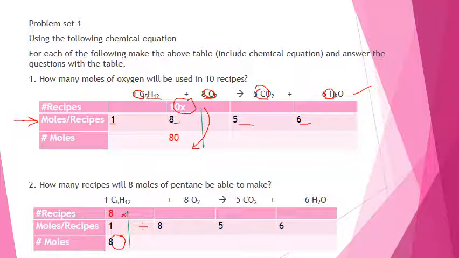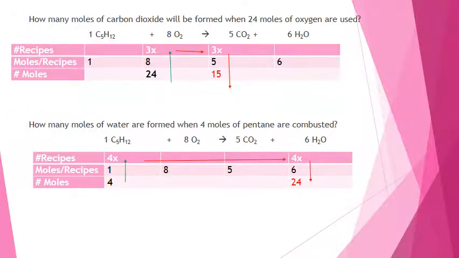Again, going up you divide, going down you multiply. You're always going to go to recipes, no matter what, unless you're given recipes like in the first problems, but you're always going to need to find the number of recipes to figure everything else out.